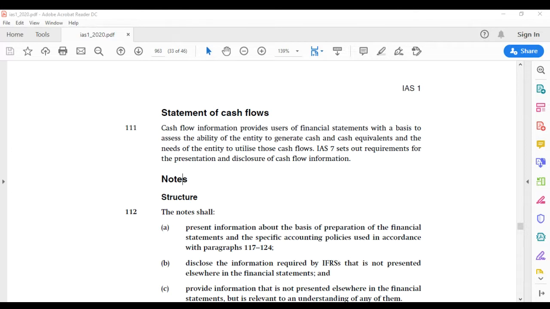Does that make sense? And then you get other categories, such as, for instance, the one where you have got an increase in a revaluation reserve, or where you've got, let's say, foreign exchange.